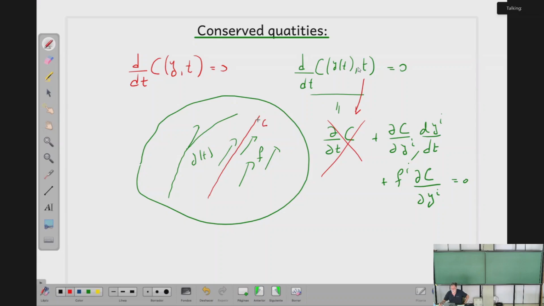Right. So it has c equal to 1, say, is this. So when I move along, take the derivative of c along f, I get 0. Right? So these are conserved quantities.